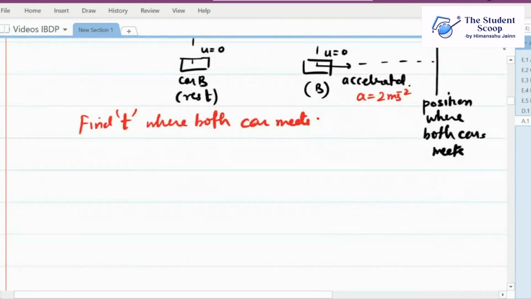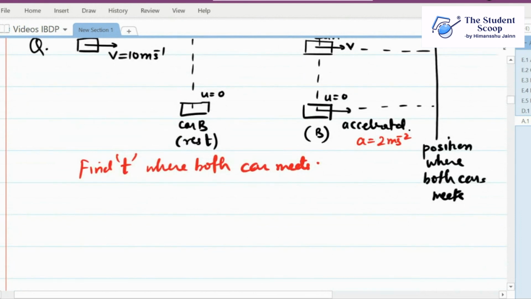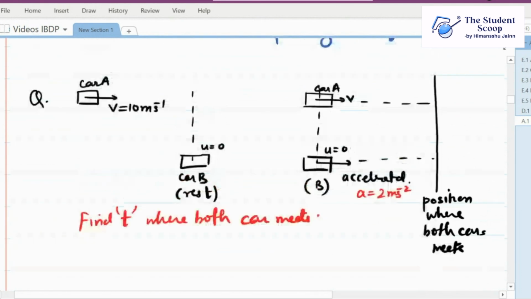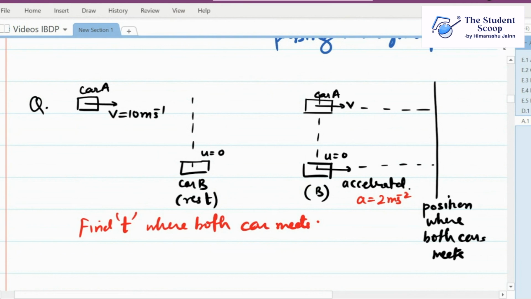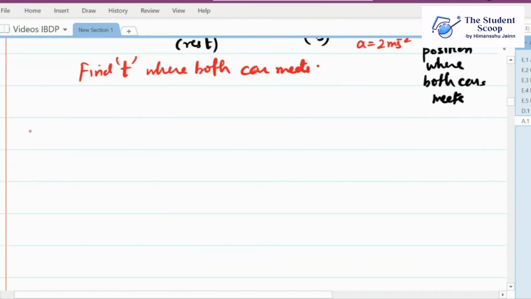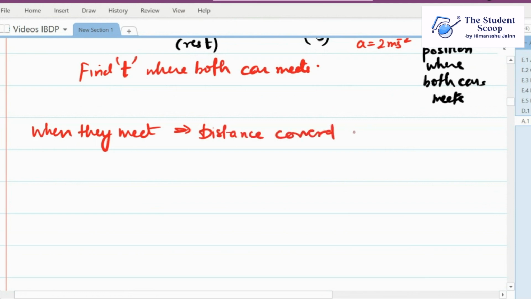Now we need to know that since car B started moving exactly when car A passed it, when they meet at a particular point, the distance covered by both cars is equal.